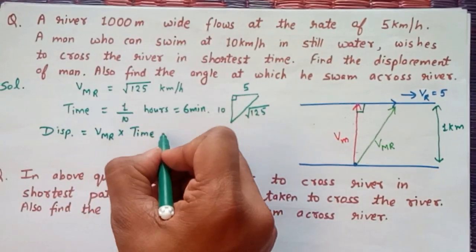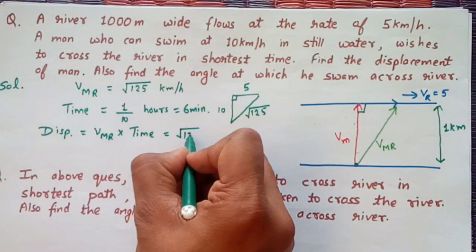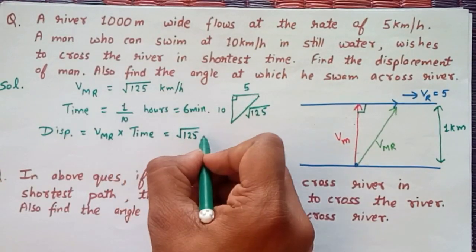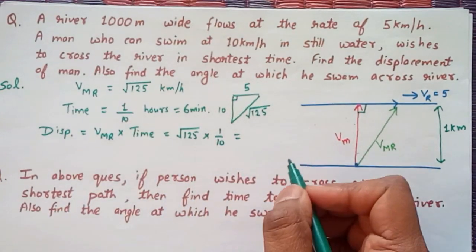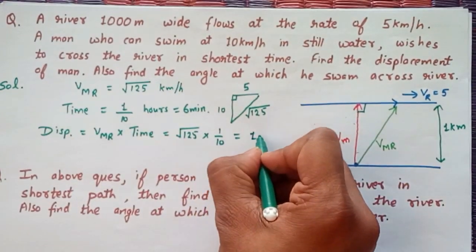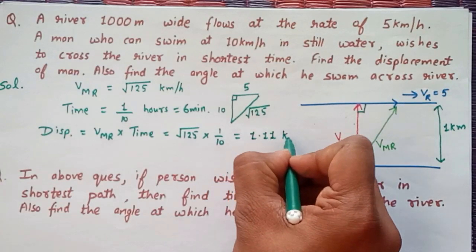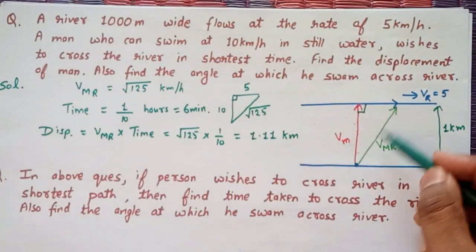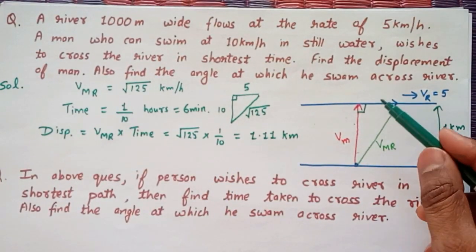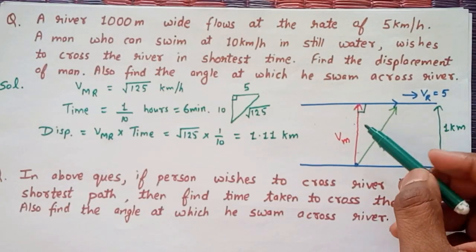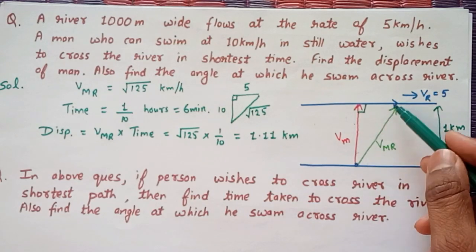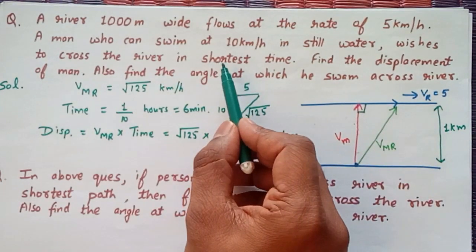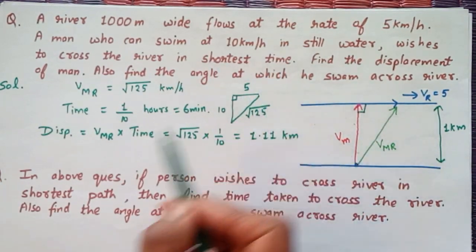VMR is under root 125 km/h and time is 1 by 10. So it will be 1.11 kilometer. So the displacement of the man will be 1.11 kilometer, because he has not opposed the water, he allows the water to take him along its flow. That's why he has covered the distance in the shortest time.